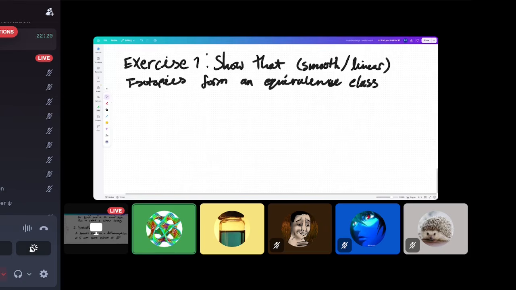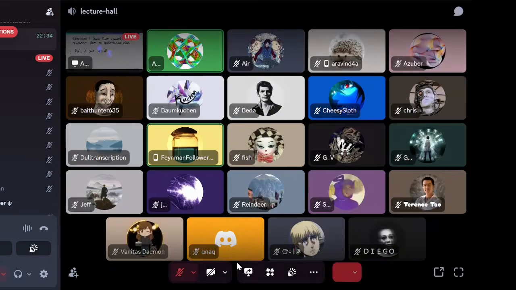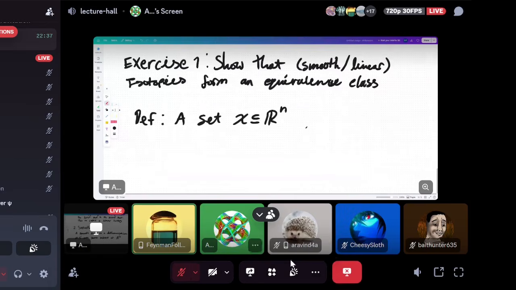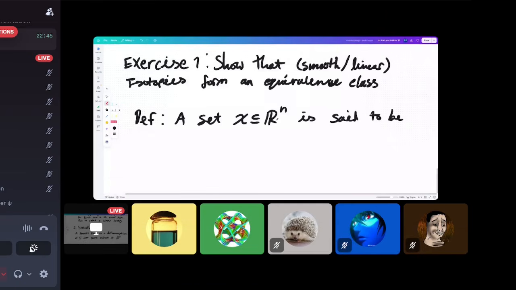So definition: a set X of R cubed, or of Rn, is said to be in general position.